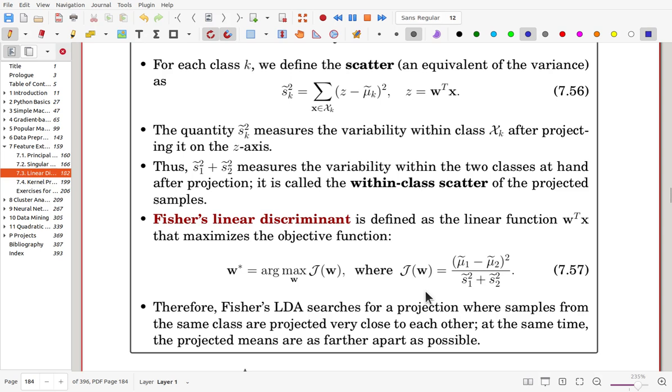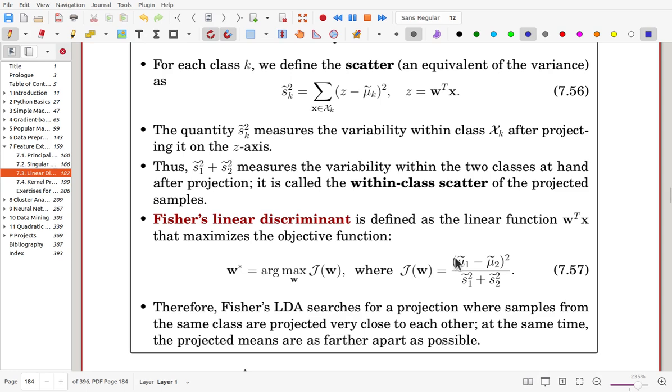That means to maximize this objective function, the distance between projected means should be as large as possible, and the within class scatter must be as small as possible.